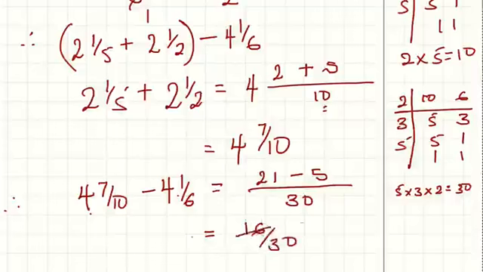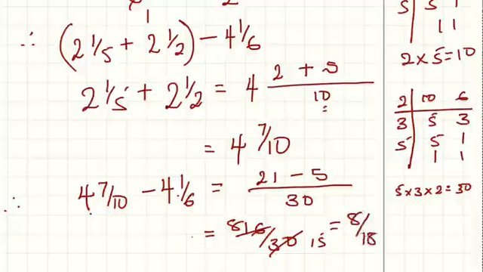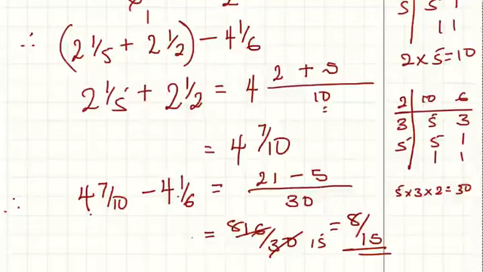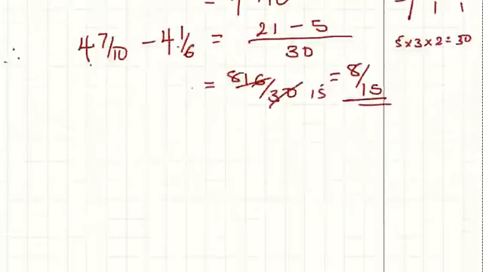Dividing by 2, we get 8 over 15, to give an end result of 8 over 15 for the numerator. So having done that, we now go to the denominator. So we have our denominator.